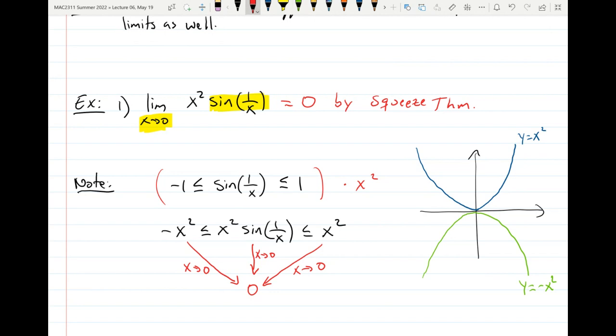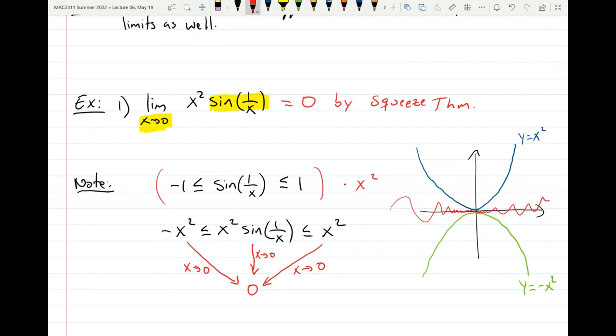And our function f is doing something crazy, but as it gets closer and closer to 0, because it's always trapped between these two parabolas, it has to behave. It has no chance of doing whatever it wants, because x squared and negative x squared squeeze the function towards 0. When x is very close to 0, the y values have to get squeezed towards 0.